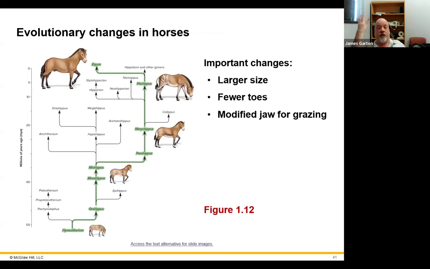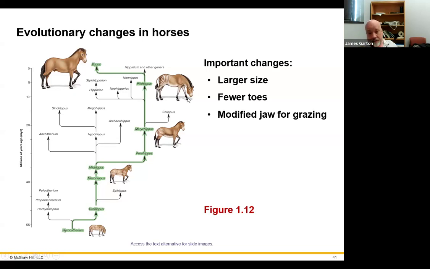And this is the family tree of the modern horse. And over a period of a few tens of millions of years, well, there were very important changes. Body size got larger, toes got reduced in number until you have the modern horse, which has one toe on the ground.